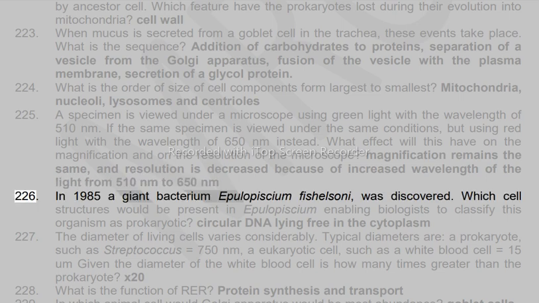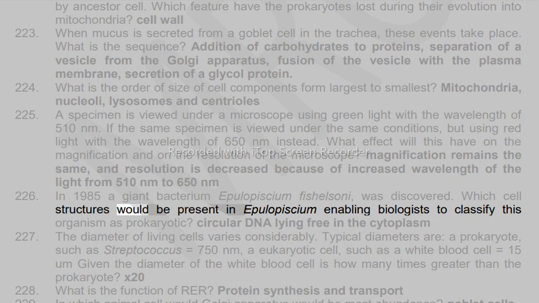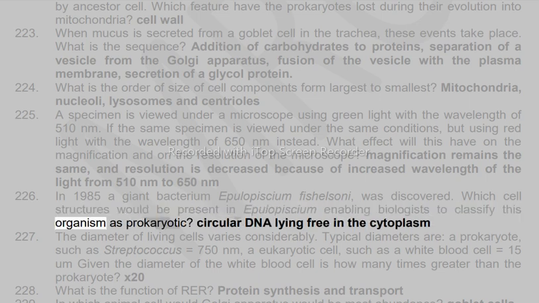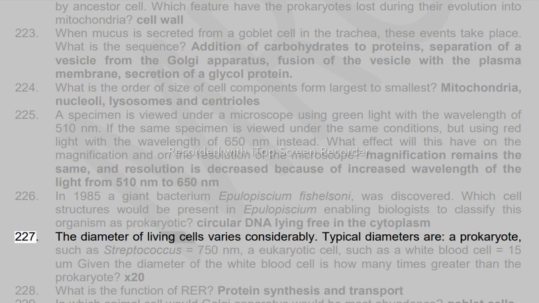226. In 1985 a giant bacterium Epulopiscium fishelsoni was discovered. Which cell structures would be present in Epulopiscium enabling biologists to classify this organism as prokaryotic? Circular DNA lying free in the cytoplasm. 227. The diameter of living cells varies considerably.